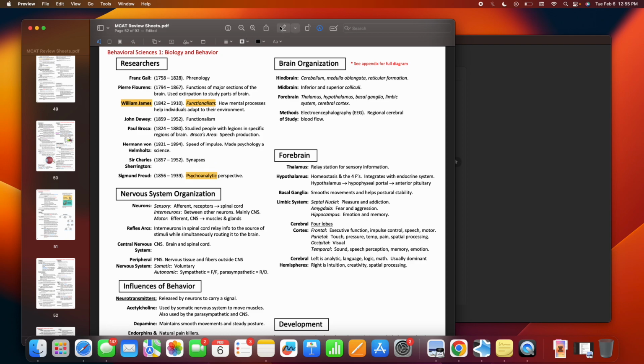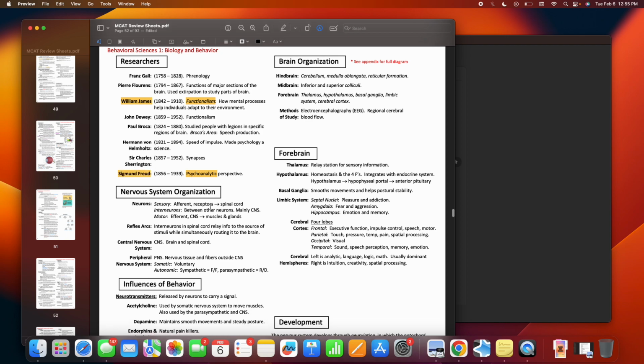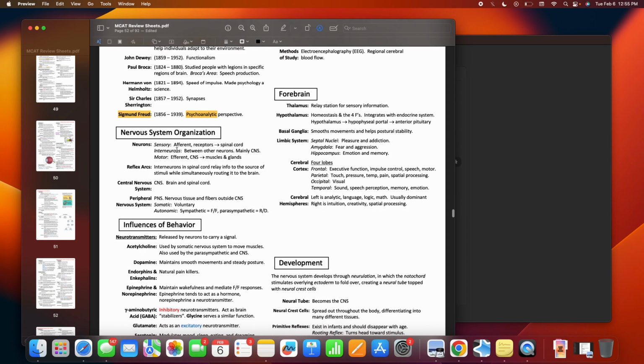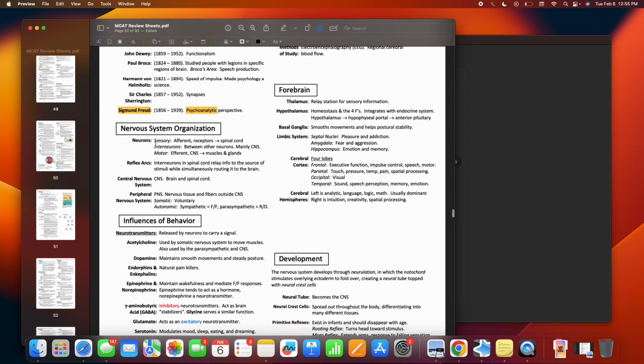So, now we have nervous system organization. For neurons, we have sensory afferent receptors. I'm going to go through this quickly as we have kind of covered this in the biology chapters on the nervous system.